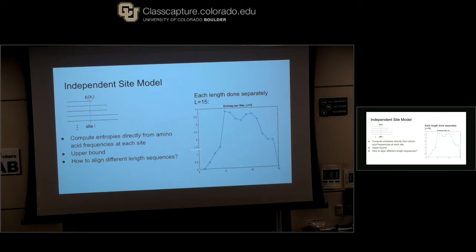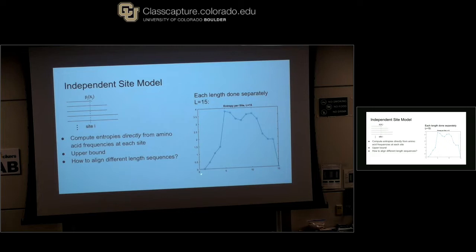But because of some issues that I'm about to tell you, in the end we decided to divide the T-cell sequences up by length, compute the amino acid entropies per site separately, and then average them together later to find the sequence entropies for a given patient. So for example, here is one patient restricted to T-cell sequences of length 15.